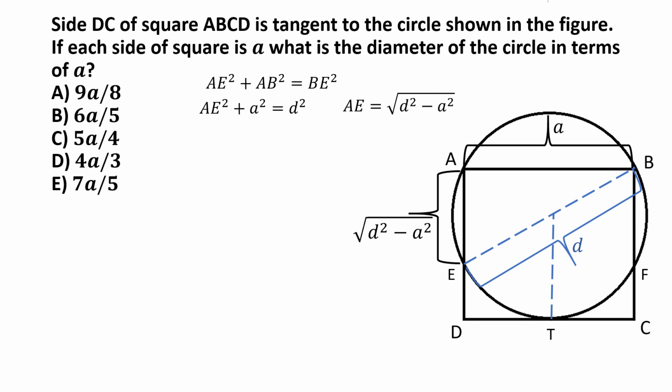Furthermore, it's given that DC is a tangent to the circle. So if I'm drawing a perpendicular to DC through T, the touch point, then that perpendicular has to pass through the center of the circle, right? But we also know that the center of the circle lies on the diameter BE. It has to be on the diameter BE.